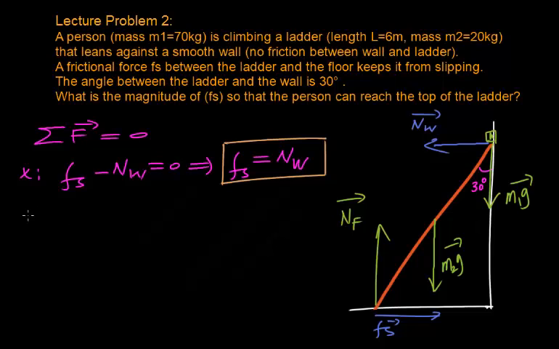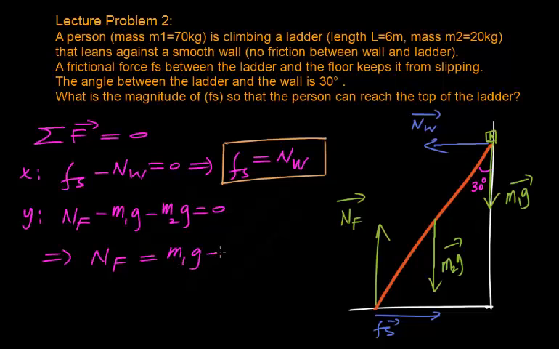The y component has NF pointing positive, M1g pointing negative, M2g pointing negative. All of those equal 0. Therefore, the force of the floor on the ladder is going to equal, moving the mg's to the opposite side of the equation, M1g plus M2g.